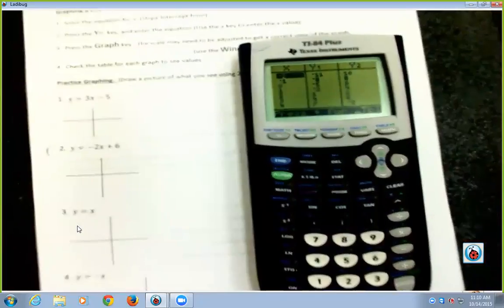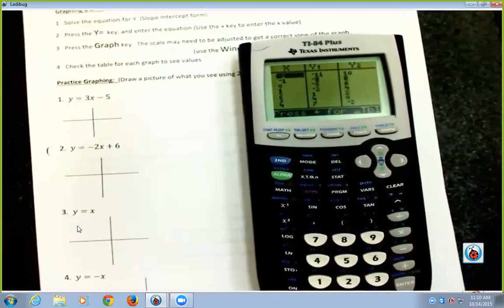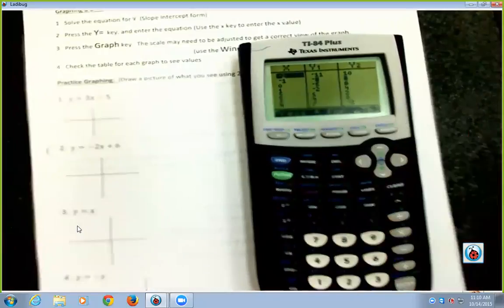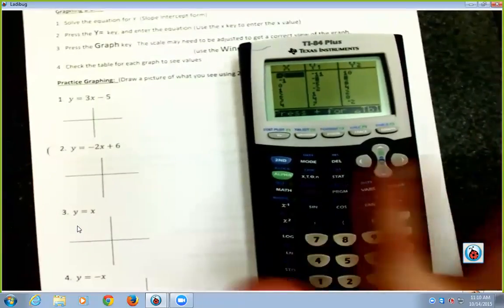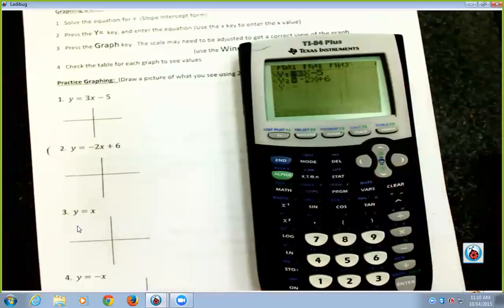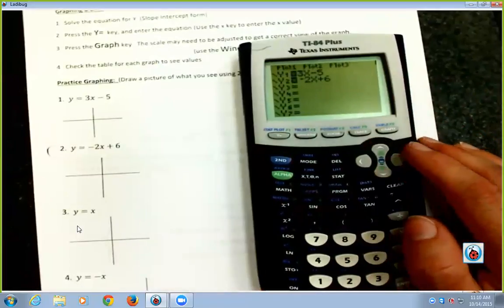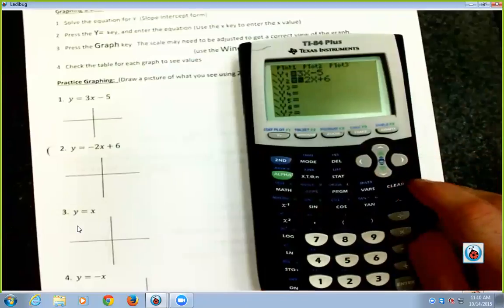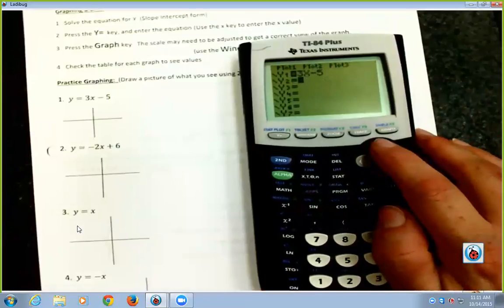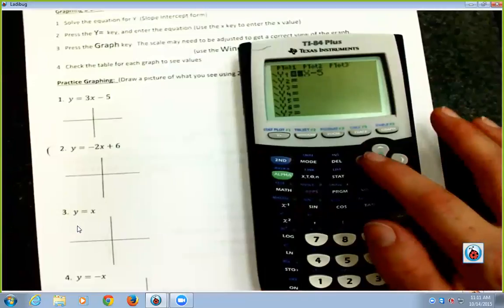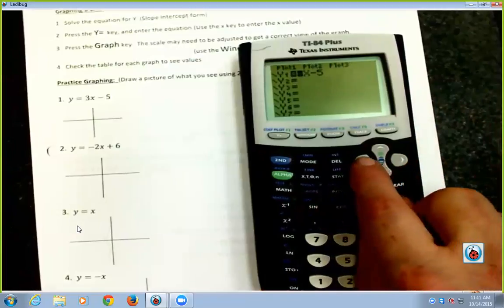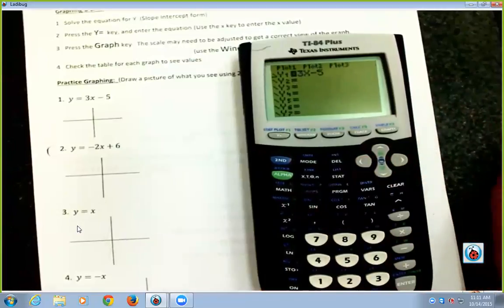If you did our last section, 4.6, we can do those on here too. If you go back to your Y equals, we're going to clear out the second one just so that we don't have to have it there. So I'm going to hit clear. Go back up to your top one, and back arrow right in front of Y1.